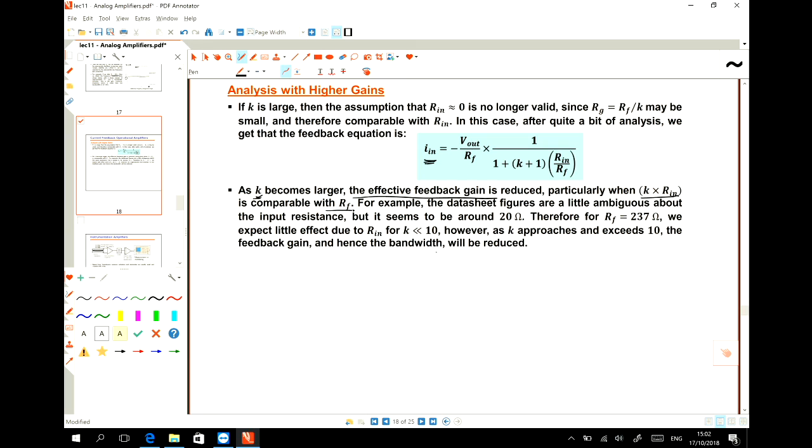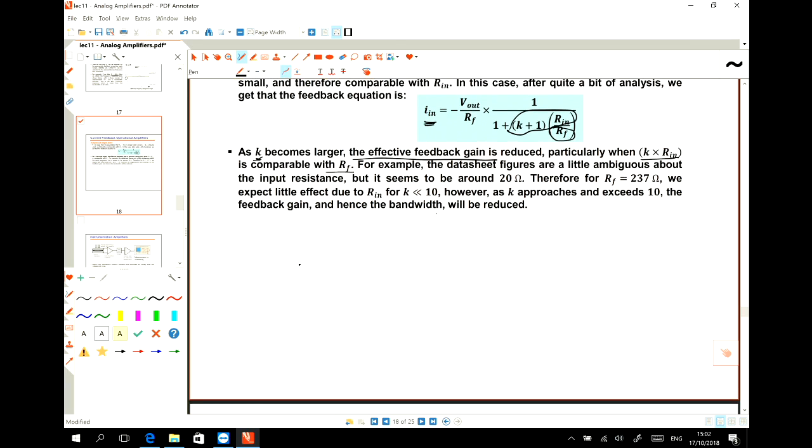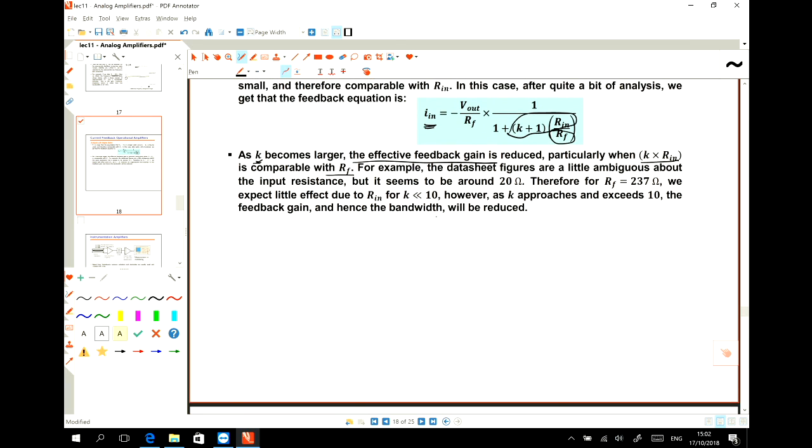This value is comparable to RF. Then the effective gain is reducing.